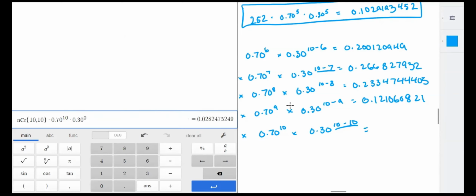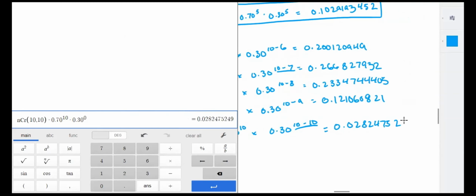Actually, I'll show you. Anything to the power of 0 is just 1, so if you actually deleted that whole thing, you'd still get the same number. But for the sake of consistency, I liked it there.